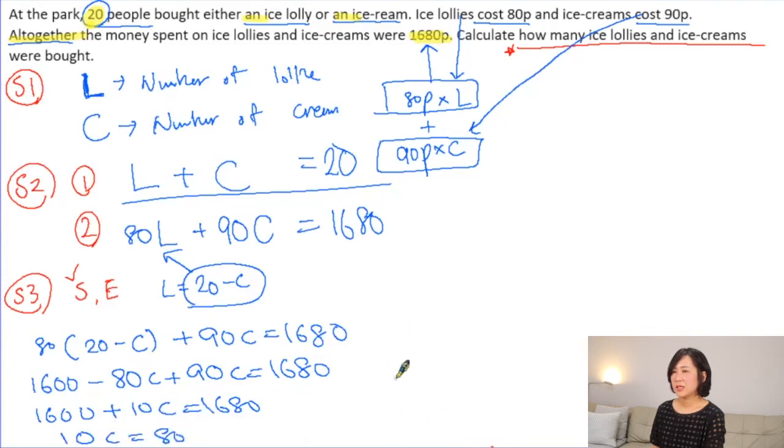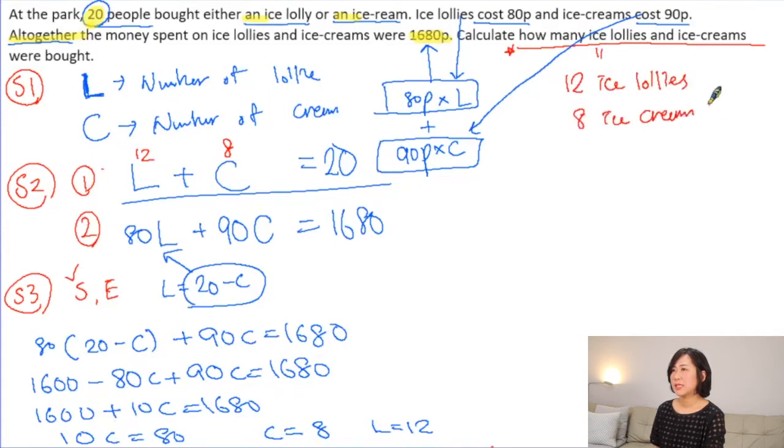Then 10C makes 80, right? So we know that C is 8. Then let's find our lollies. Ice cream and lolly together make 20, so ice lolly is 12. So how many ice lollies? We've got 12 ice lollies. Then we have 8 ice creams.